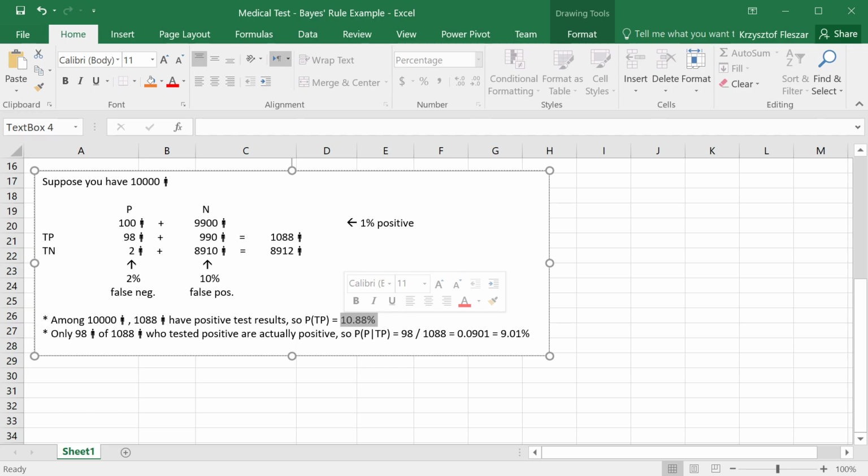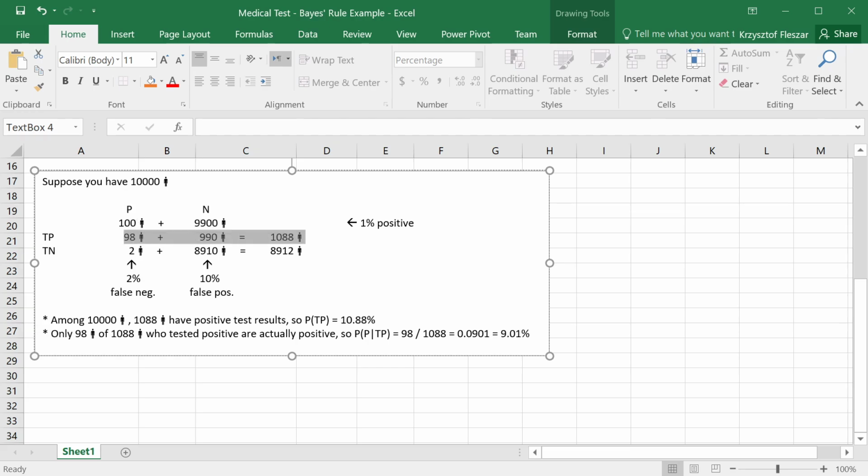But what's more important in this case is that out of those who tested positive, 1,088, only 98 we expect to actually have the disease. So the probability that somebody has the disease, given that they tested positive, is 98 out of 1,088, and that's only 9.01%.